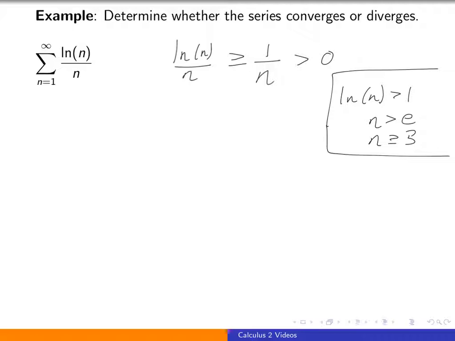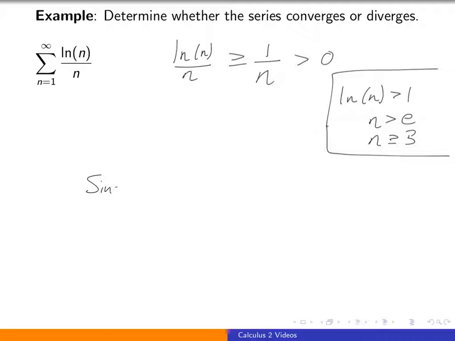And that's all we need. We need the inequality to eventually be true from some point onward. Now that we have the inequality, the comparison here, which is the hard part, we can immediately apply the comparison test. If the smaller quantity diverges, so does anything larger.